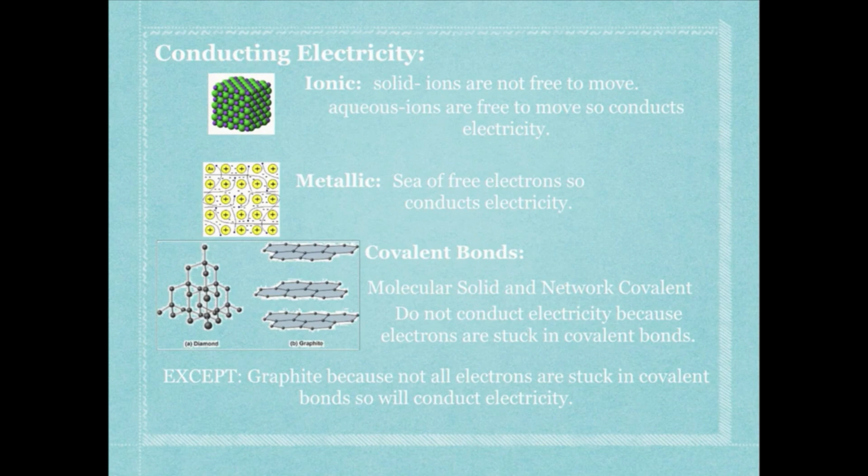Since those electrons are not stuck in covalent bonds, they are free, so that molecule can actually conduct electricity. Since it has unbound electrons, graphite specifically is able to conduct electricity. The rest of the molecules that we've looked at, from molecular solids and network covalent, so diamond, silicon dioxide, are not able to conduct electricity.